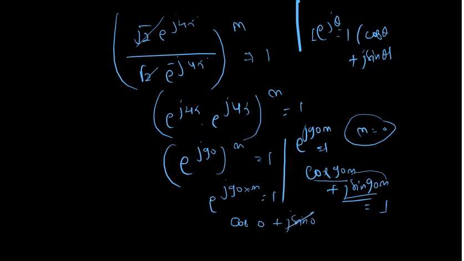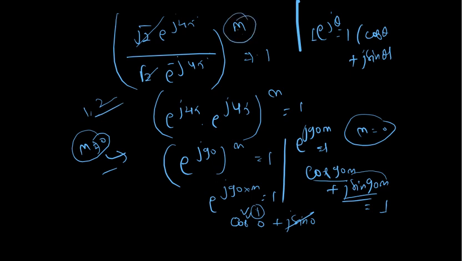Correct? Now if m equals 0, then it is possible, but m equals 0 we will not count, we will count 1, 2, 3 and so on, because 0 was obvious, anything to the power 0 is always 1. So now we have to see the next number that is possible.